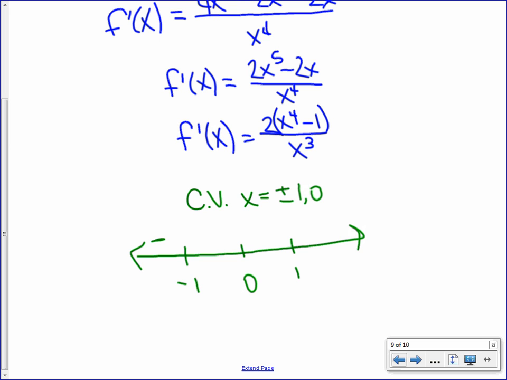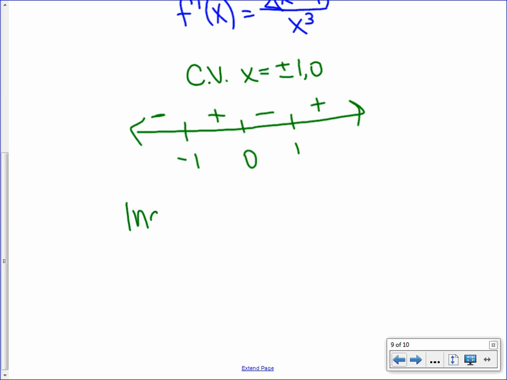It'd be negative in the numerator, right? Negative in the denominator. Do we see that? Okay, this would be negative up here, wouldn't it? But then this would be positive downstairs. There's zero. And then if we plug in 2, what?